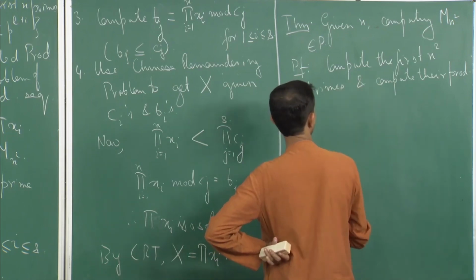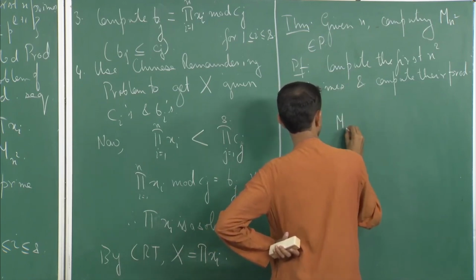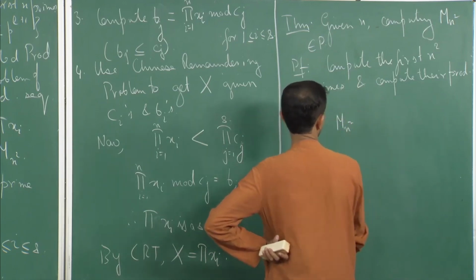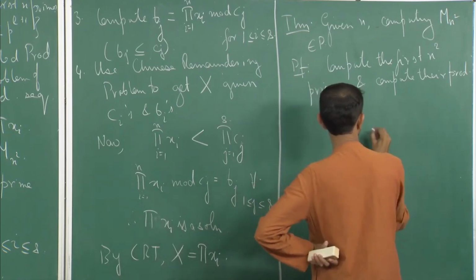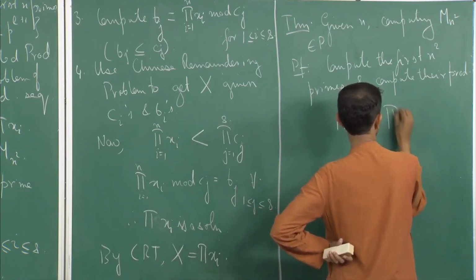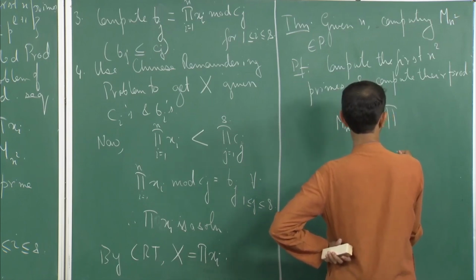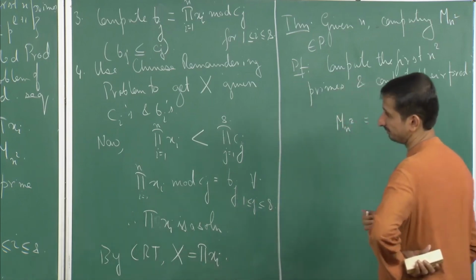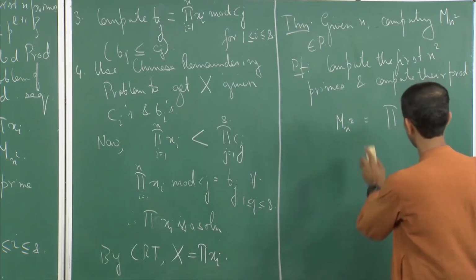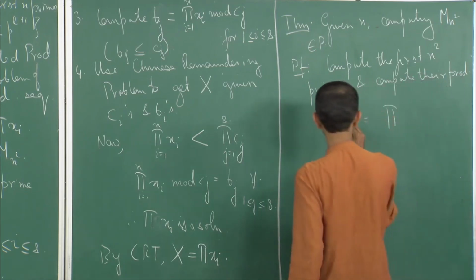So the Mn square that we get as a result of this. So what is the product of the first n square primes? I do not even need to say this, for I have to show it is a good modulus sequence. So I will just argue for Mn.